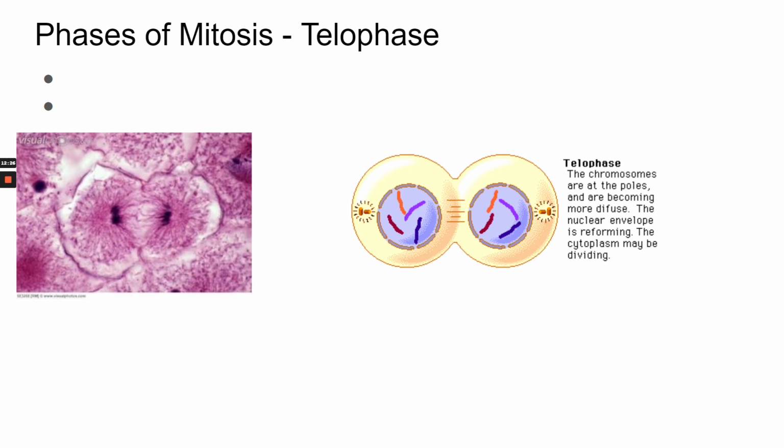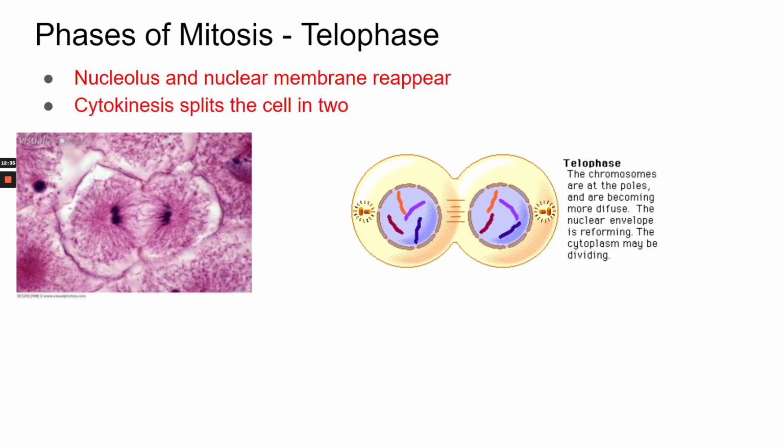And then telophase happens. A new nucleus forms around each of them. And the cell starts to split in half because it's on its way to becoming two cells. The process when the actual cell itself splits is called cytokinesis, the splitting of the cell.